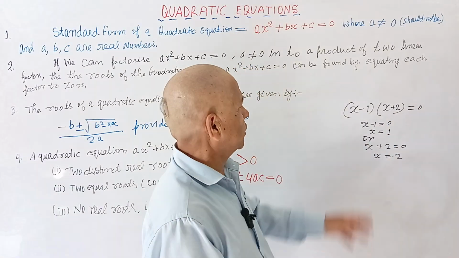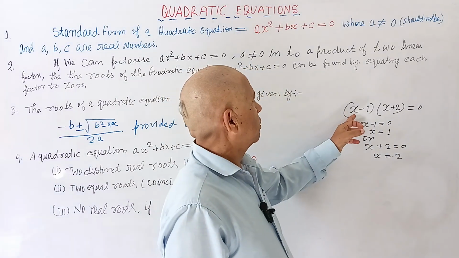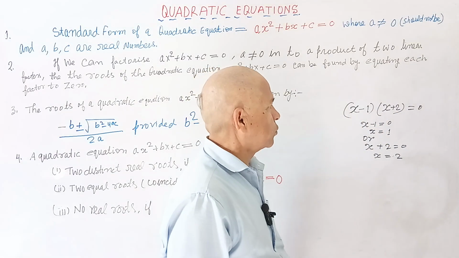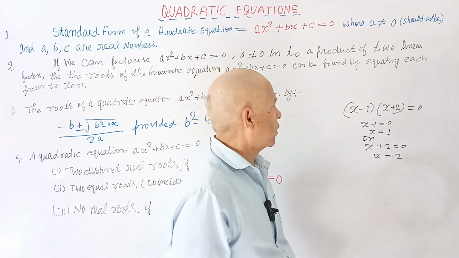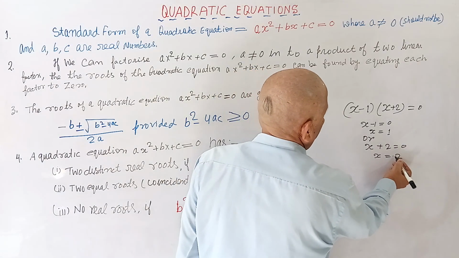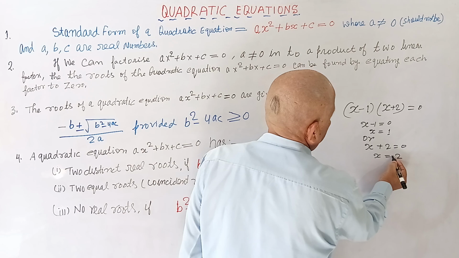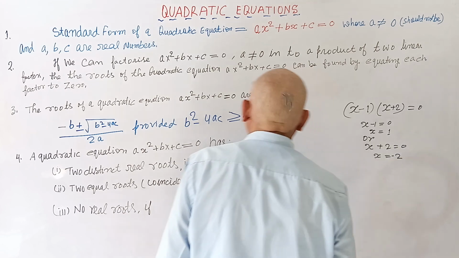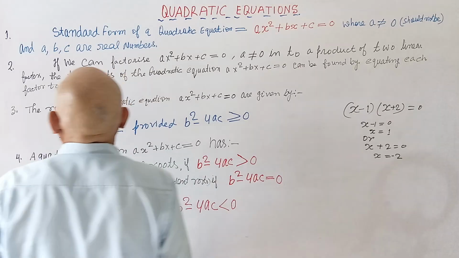In this case, x minus 1 and x plus 2 equals to 0, so we will get x equals to 1 and x equals to minus 2.